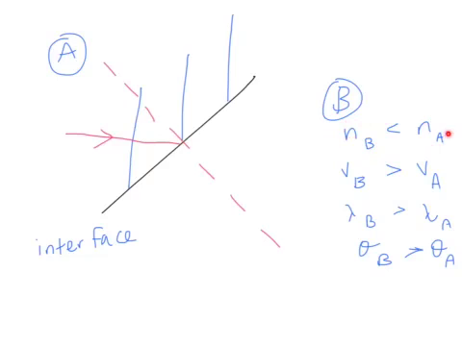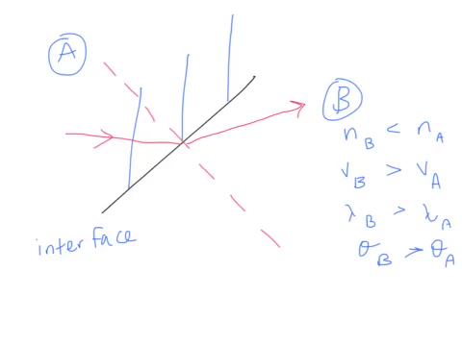That's how you can think of this. So draw the refracted ray like this, deflected away from the normal. Now theta A is smaller than theta B, or B is bigger than A. That was step 3.